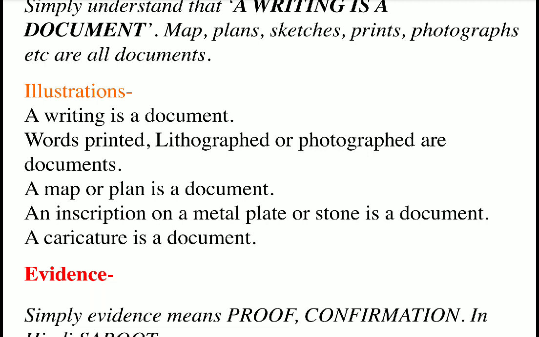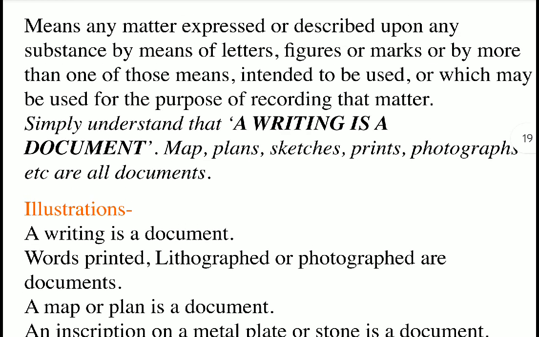Now this metal plate, stone, caricature, what is the reason these are recognized as documents? Because the definition says any matter expressed or described upon any substance by means of letters, figures, marks, or by more than one of those means, intended to be used or which may be used for the purpose of recording that matter. So anywhere, if any matter is recorded, it may be on a piece of cloth.